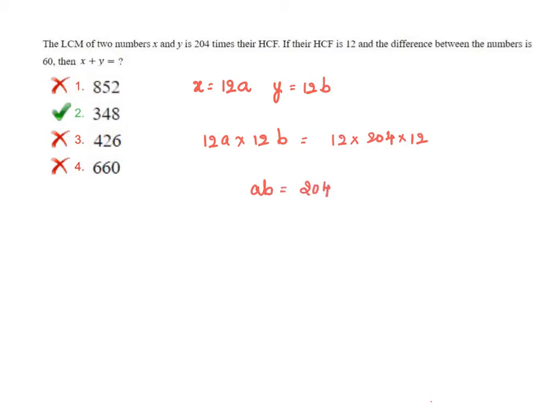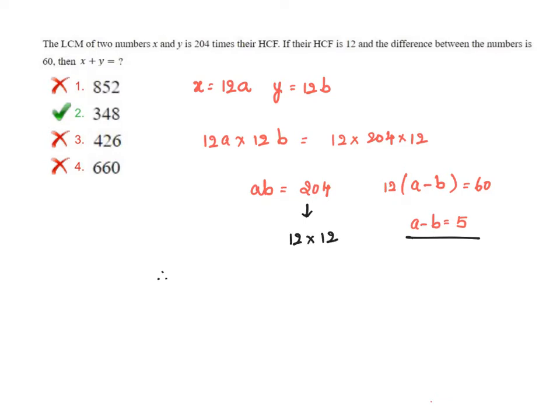And the difference between them, which is 12 into a minus b, is equal to 60, which means a minus b is equal to 5. ab is equal to 204, a minus b is equal to 5. I can simply factorize this 204 in such a way that the difference is 5. 12 into 17 is 204.